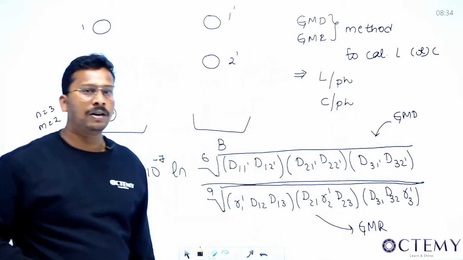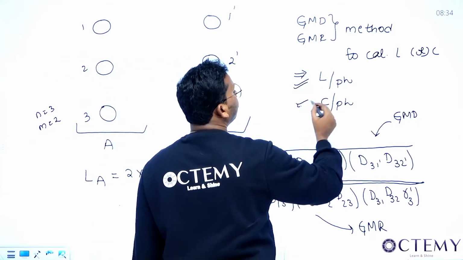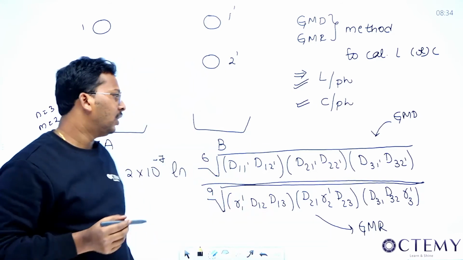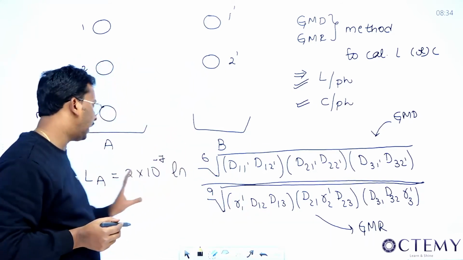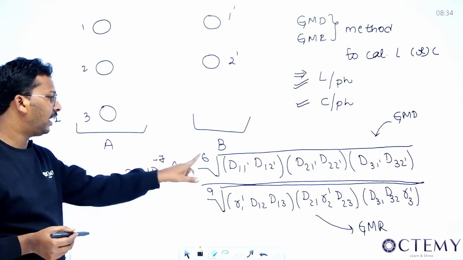GMD, GMR is applied only for per phase. So if I put GMD, GMR, then I am writing LA only. So 2 into 10 power minus 7, ln this.